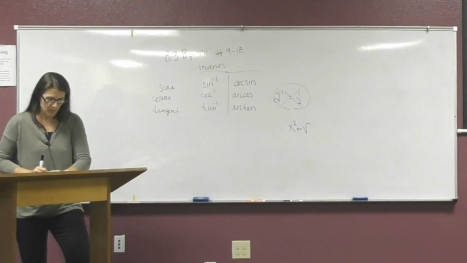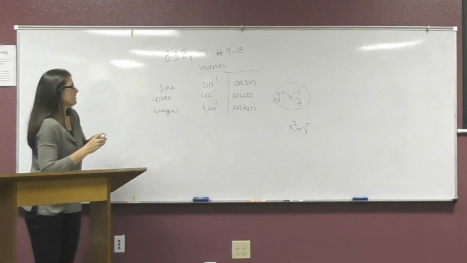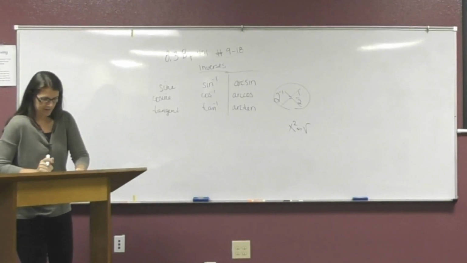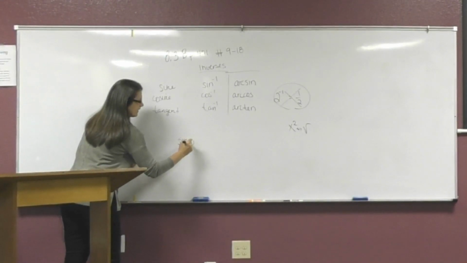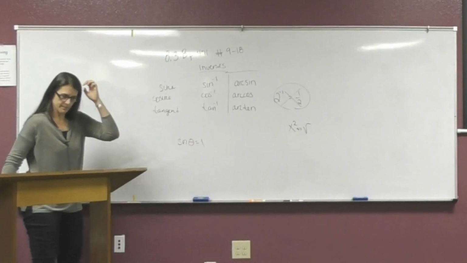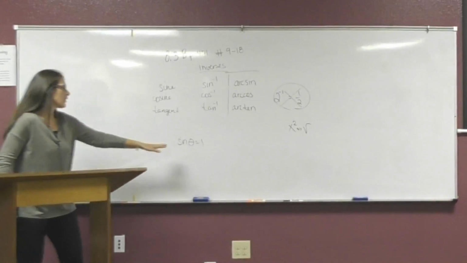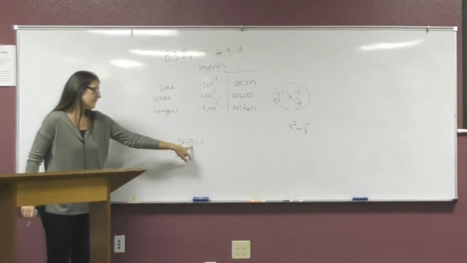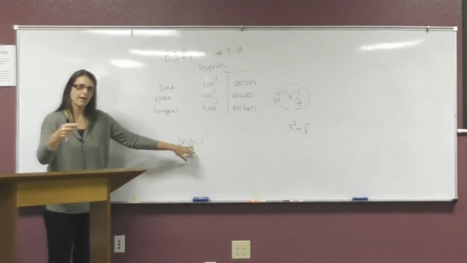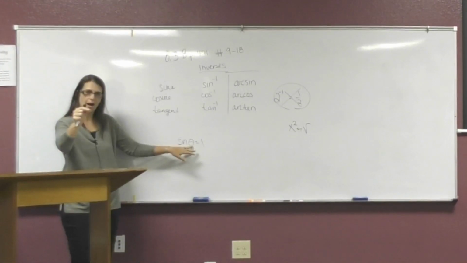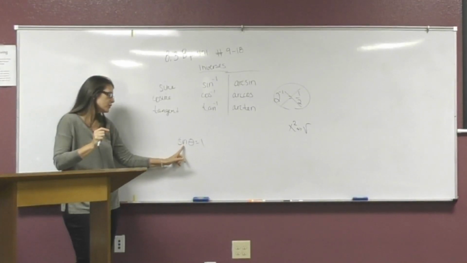So let's talk about this. Given sine theta equals 1. If I was trying to solve for this, theta always represents the angle that we're looking for, okay? So if I'm trying to find the measurement of this angle, I need to undo this, okay?